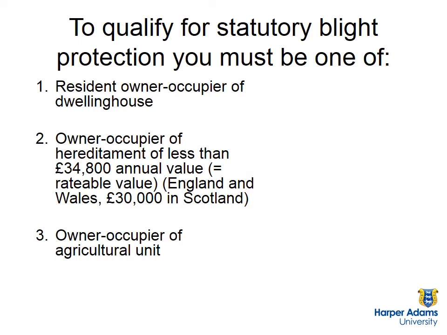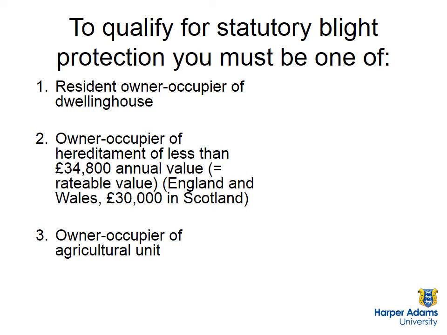So, who qualifies? You've got to be one of these 3 categories listed on the screen. You can be the resident owner-occupier of a dwelling house. That means you've lived there for at least 6 months. You can be the owner-occupier of commercial property, but you must be the owner-occupier. There's a limit to the rateable value which can apply to your commercial property. It must be less than £34,800. Slightly lower figure in Scotland, £30,000 there.